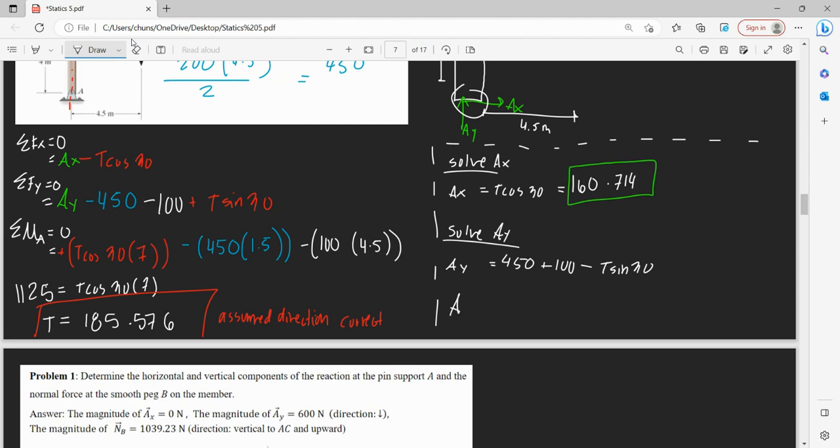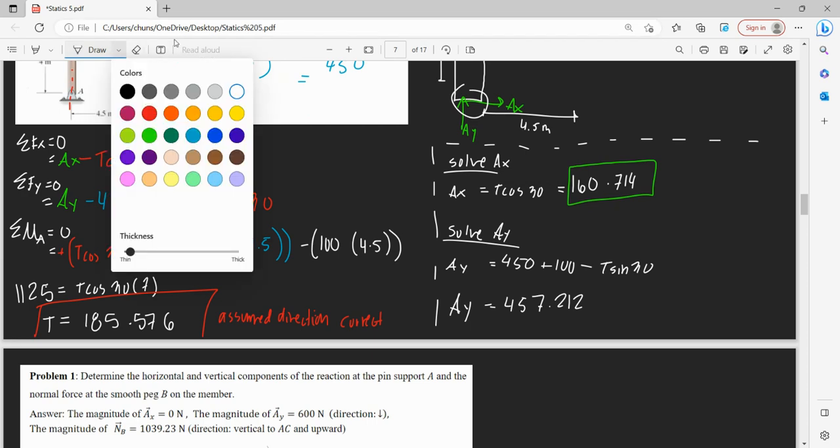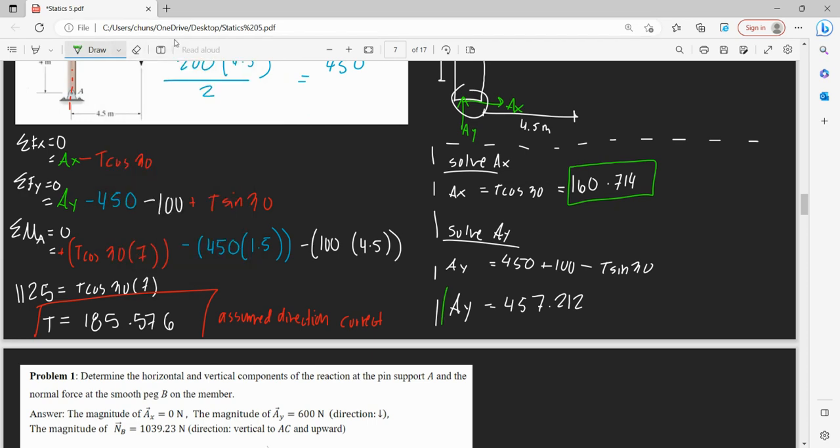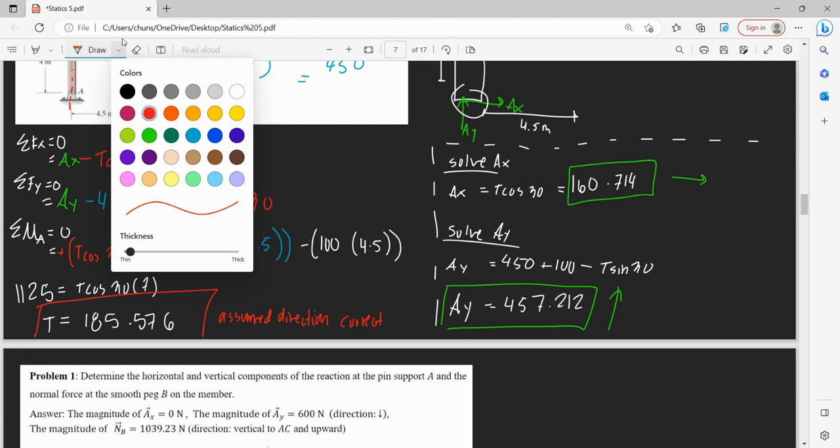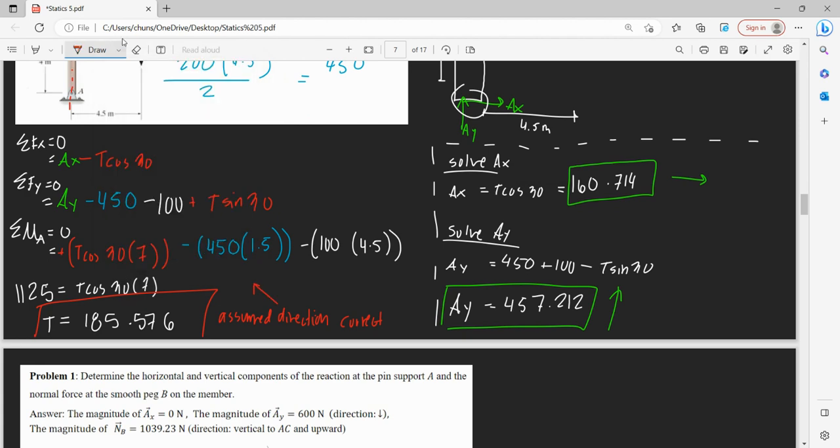This also gives a positive value of 457.212, and our direction assumed was correct. So if we added those directions, we just kind of show that our initial assumptions were correct.